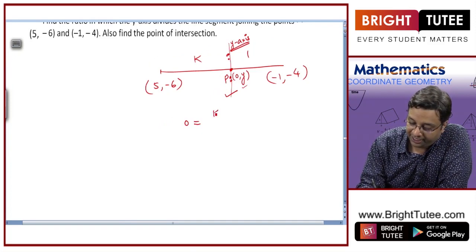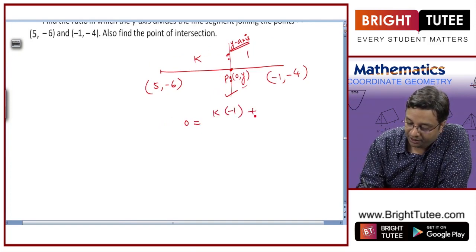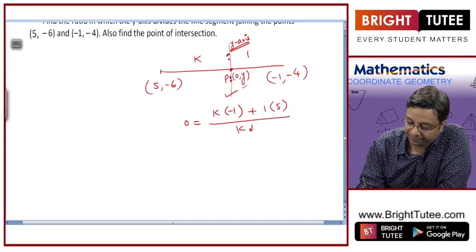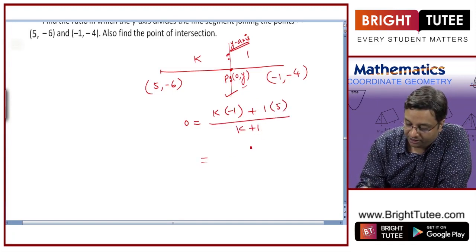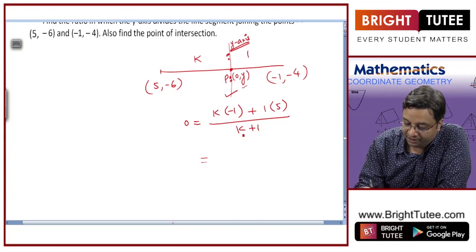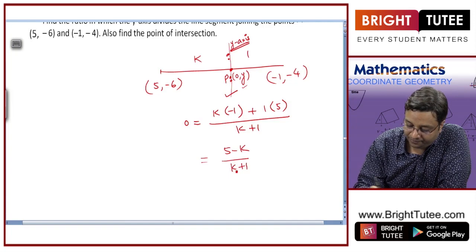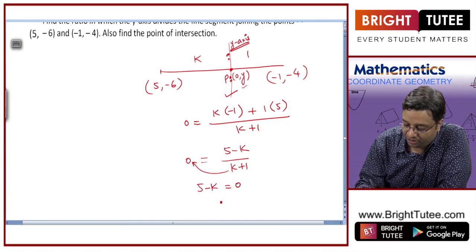So it will be k into minus 1 plus 1 into 5 divided by k plus 1. So this is minus k, this is plus 5, 5 minus k, and this k plus 1 if cross multiplied with 0 will become 0. So 5 minus k is equal to 0, hence k is equal to 5.